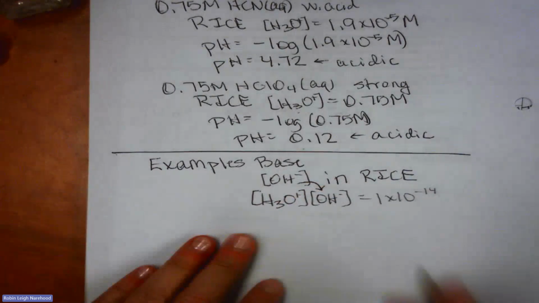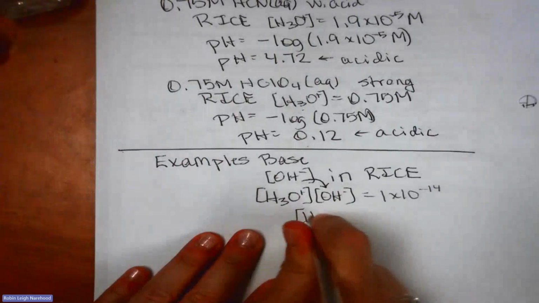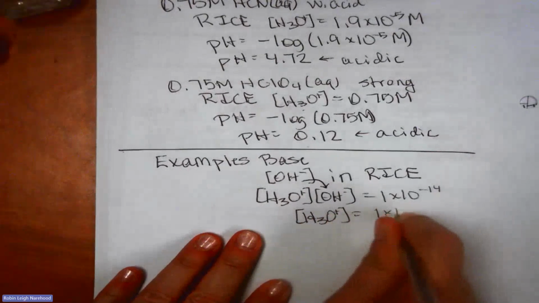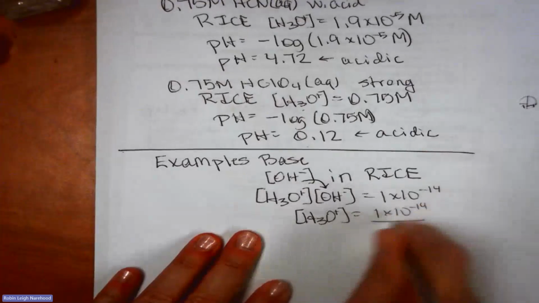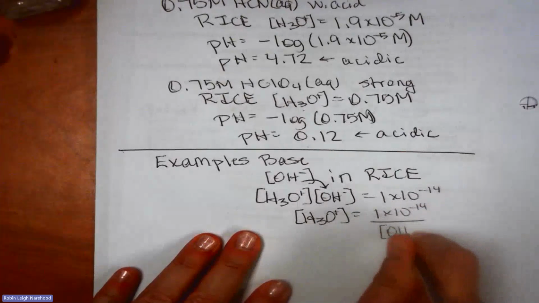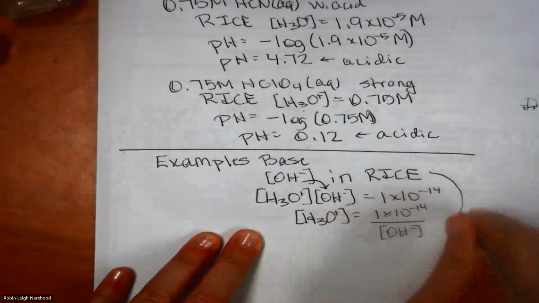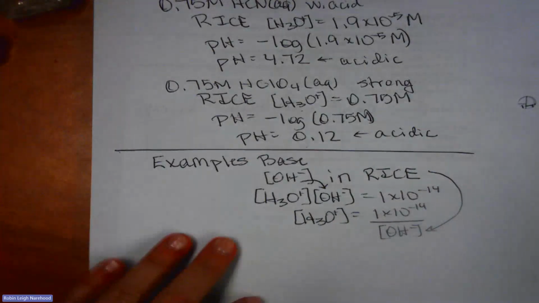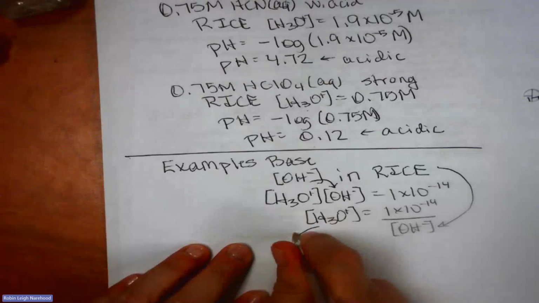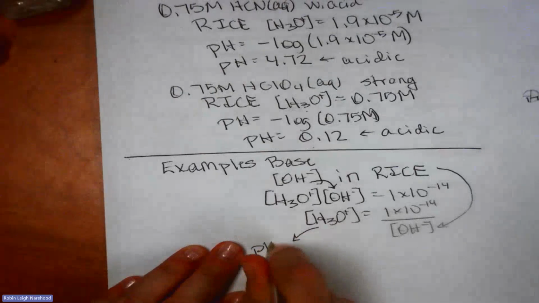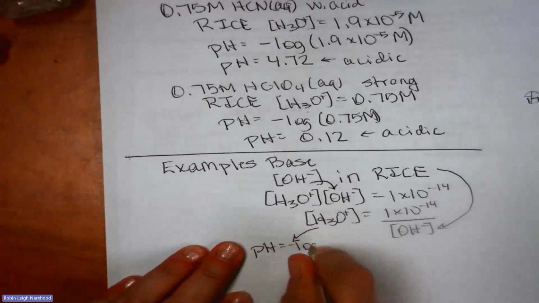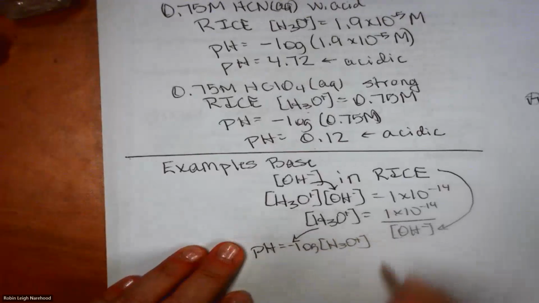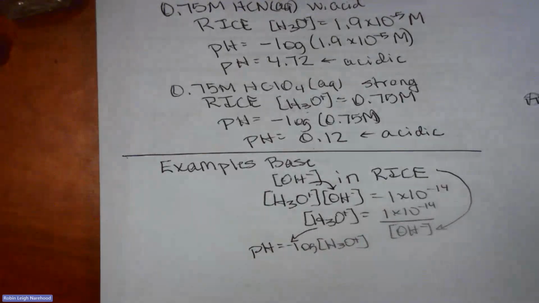And when you rearrange, every time it's going to look like hydronium equals your constant for water divided by the hydroxide from your RICE chart. Then you're going to plug that number into the pH equation. And since it's a base, you should have a pH more than 7.